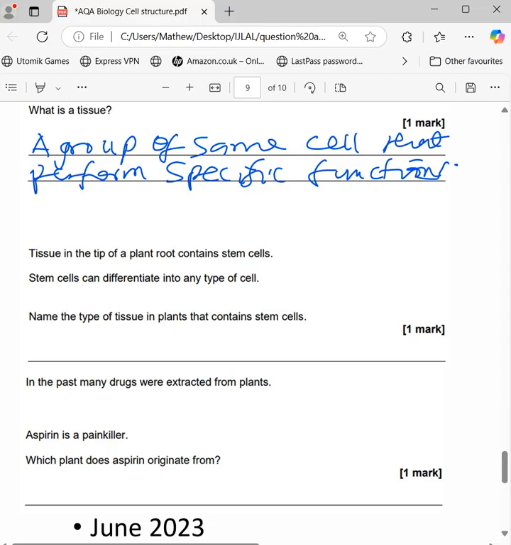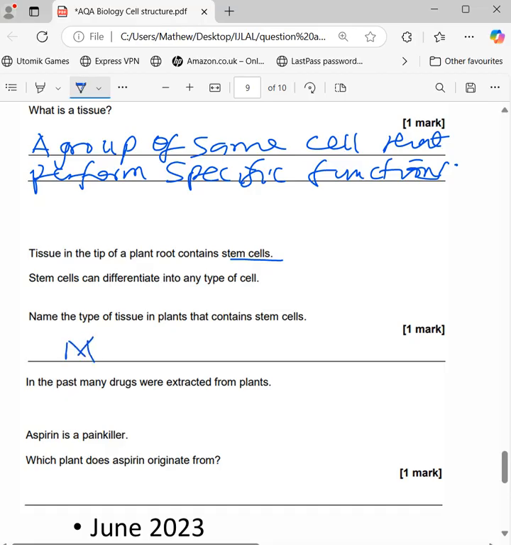Now, tissue in the tip of a plant root contains stem cells. Remember, stem cells are unspecialized cells that divide by mitosis to produce specialized cells. Remember that. Stem cells can differentiate into any type of cell. So name the type of tissue in plants that contains stem cells.